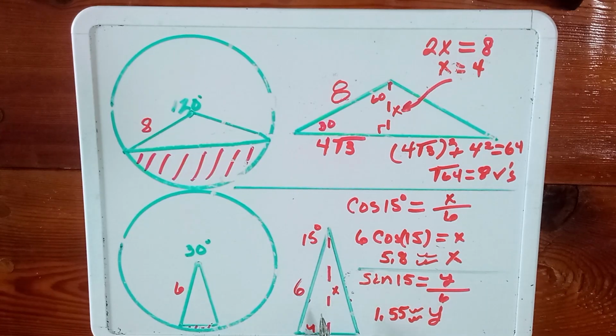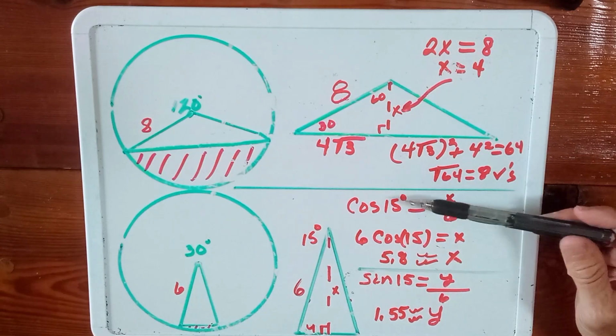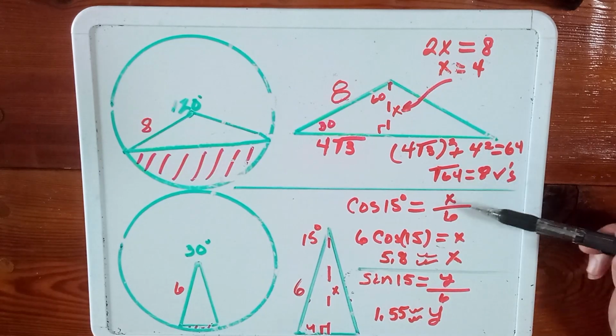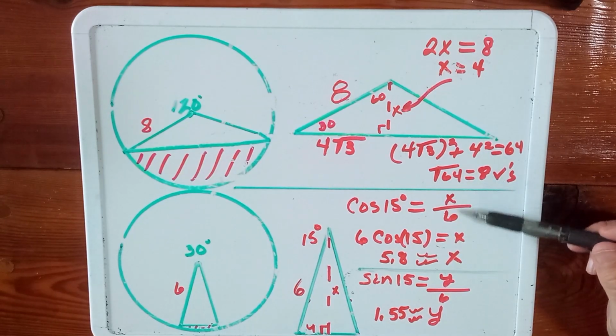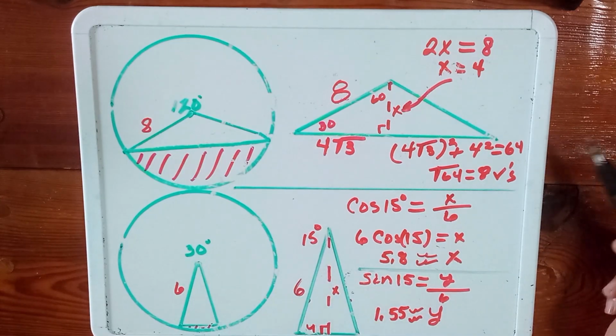So using cosine, I can solve for the adjacent leg, which here I call x. And it is adjacent over the hypotenuse. So the cosine of 15 degrees is equal to what I don't know, the adjacent x, over 6, which is the hypotenuse or the radius in this case.